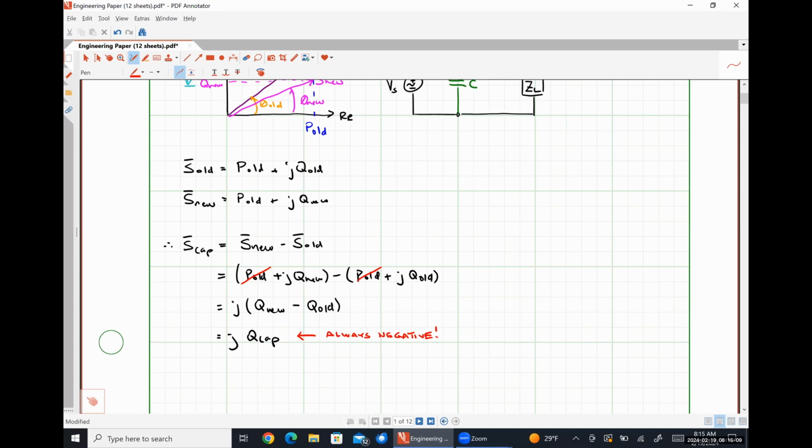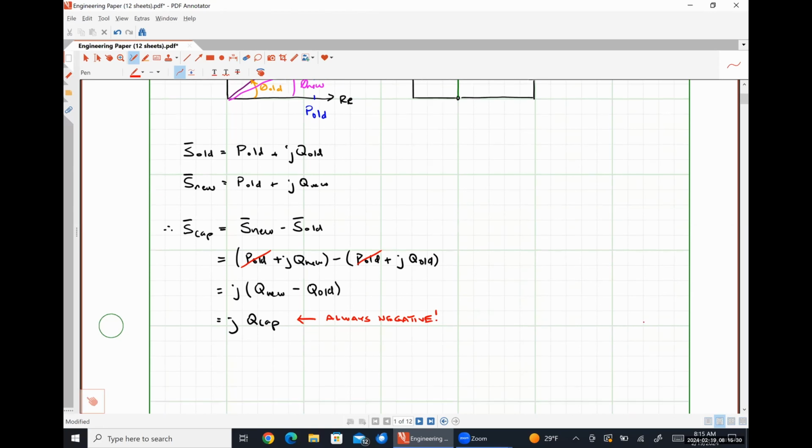Okay? So usually we don't actually bother or care about the complex power. We're interested in finding out what specific value of a capacitor is going to get the job done, right?